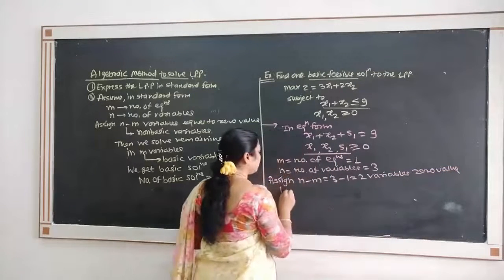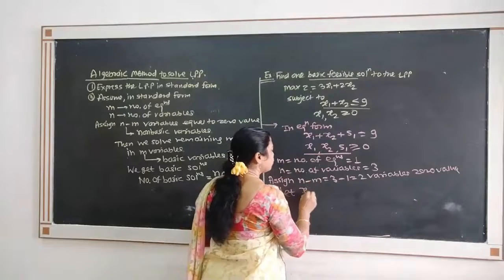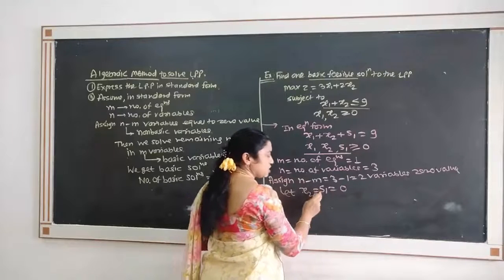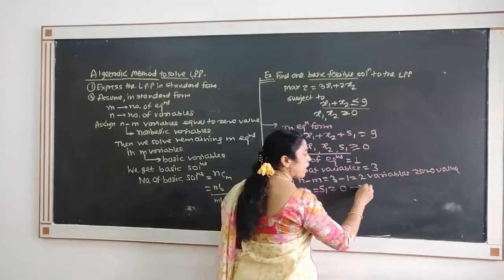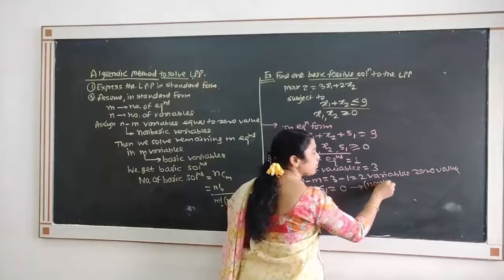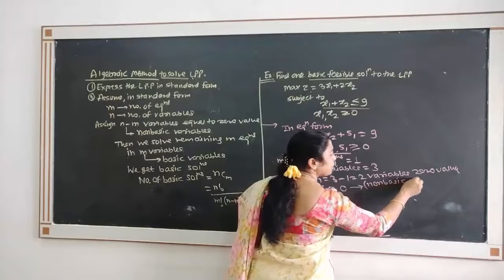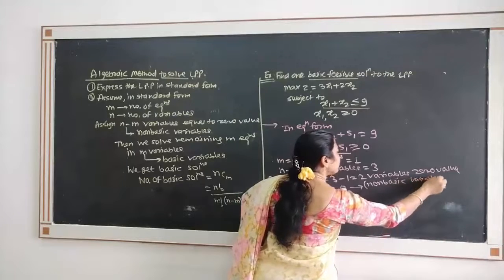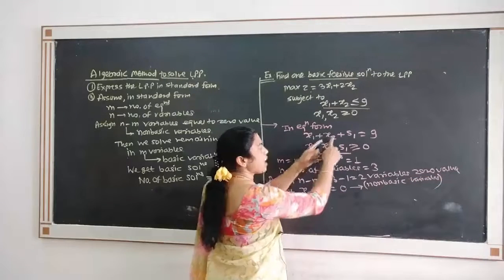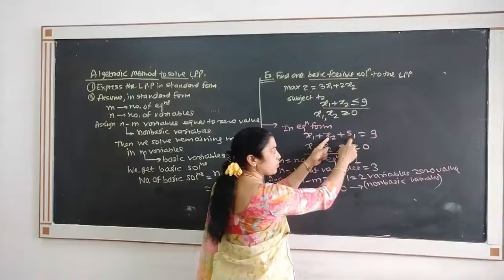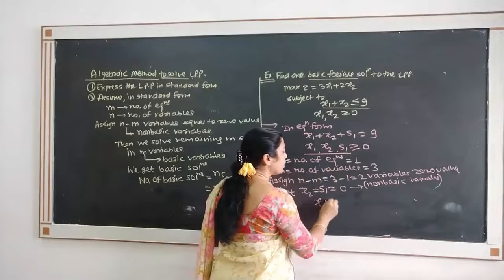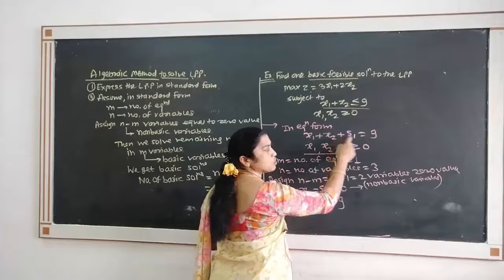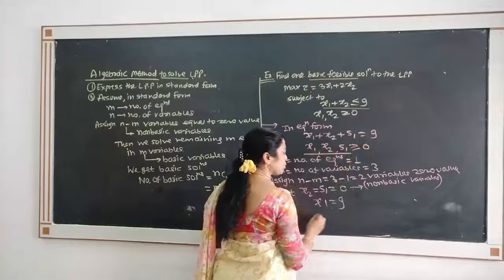So let us put x2 equal to s1 equal to 0. These which we assign 0 value are known as non-basic variables. They do not appear in our solution. Substituting x2 equal to s1 equal to 0 in the equation, we get x1 equal to 9.